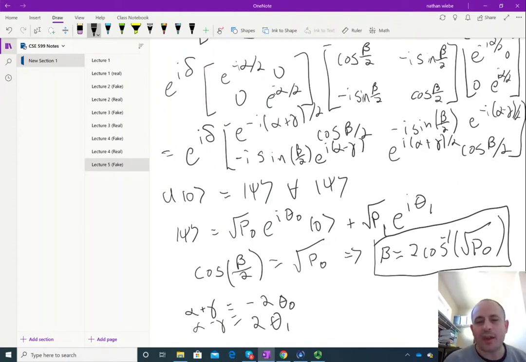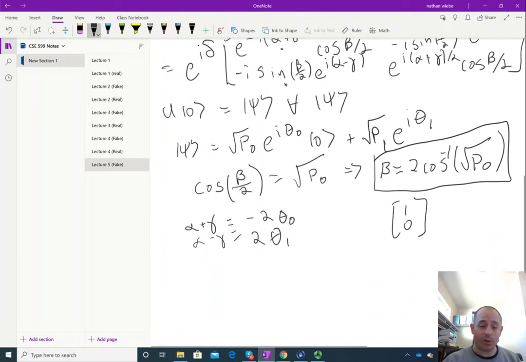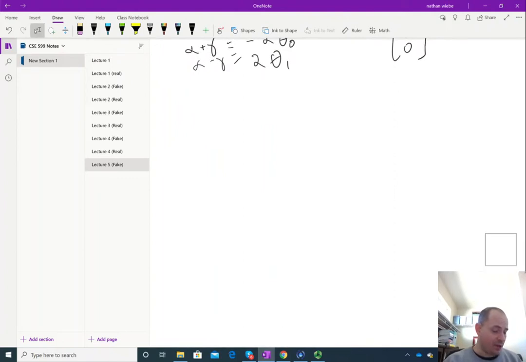So this gives us everything that we need in order to specify the action of the unitary. And we found this just by multiplying this element and this element by the (1, 0) vector, and demanding that the resulting values gave us the state in question. So that's how we go about doing it.